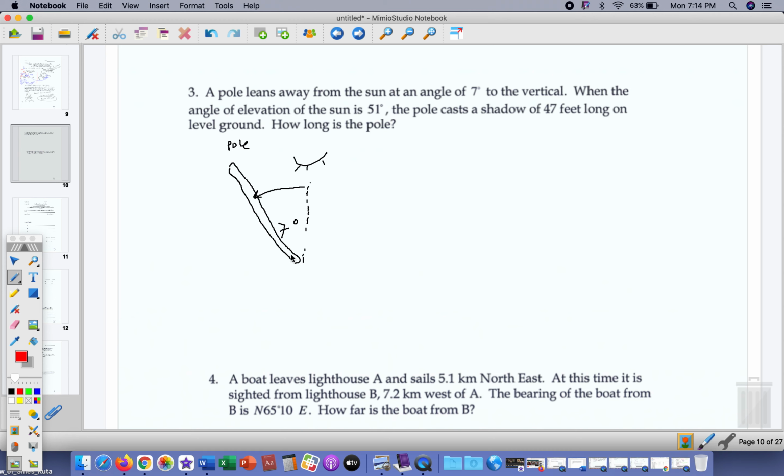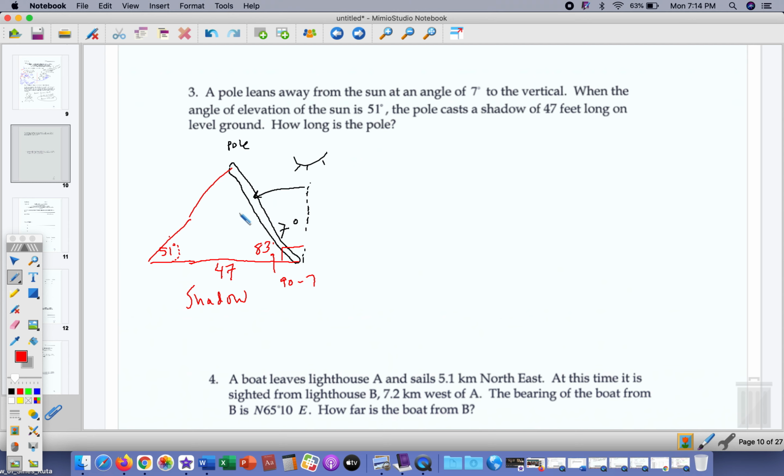So first of all, if we draw a triangle over here, and this is a right angle, this is 90 minus 7, so we know that right in here would be 83 degrees. And the angle of elevation is going to be 51 degrees, and we know that the shadow, down here, is going to be 47.